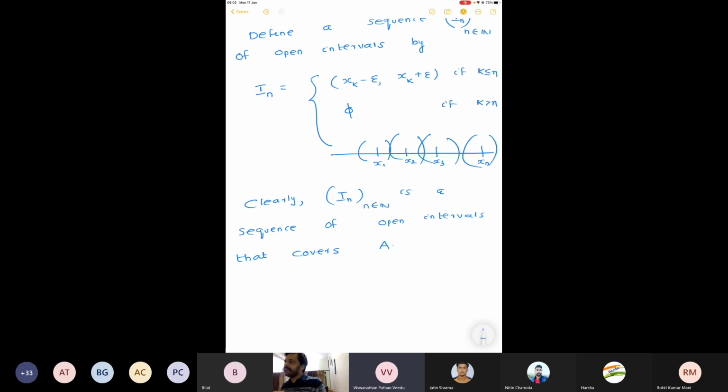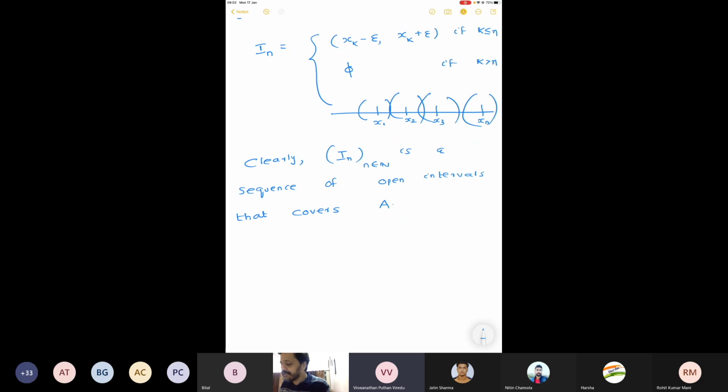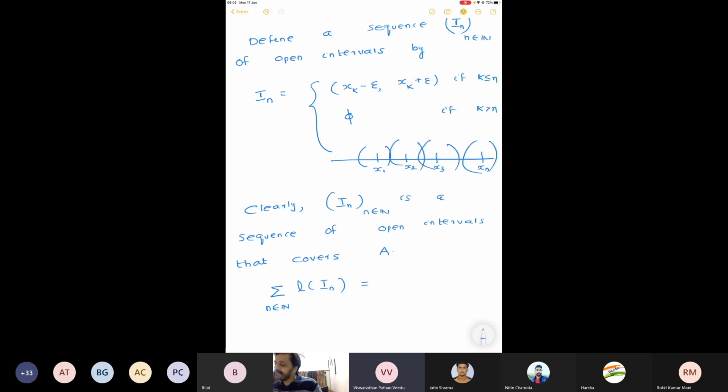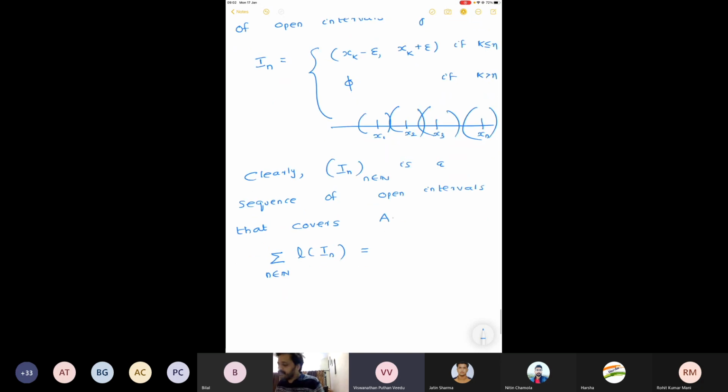For each of the covers, I have to find summation length and then take the infimum. Now, for this cover, let us first find the summation. Summation L of In, n belongs to N, would be equal to, so up to In, the length will be 2 epsilon. Like that, you have n terms, and after that, it is all null set. So am I right to write this as 2 epsilon times n?